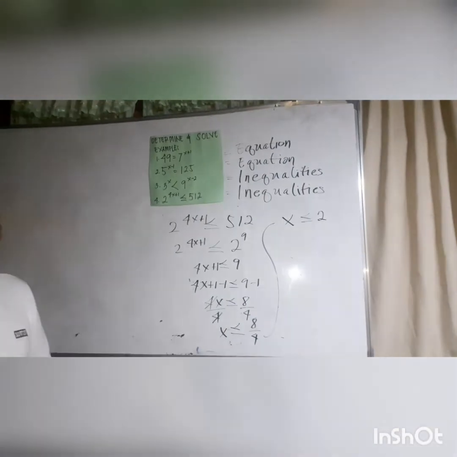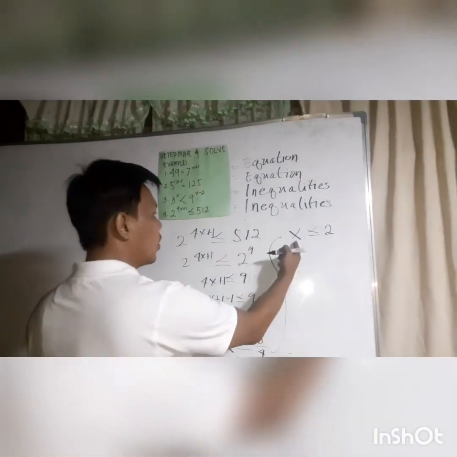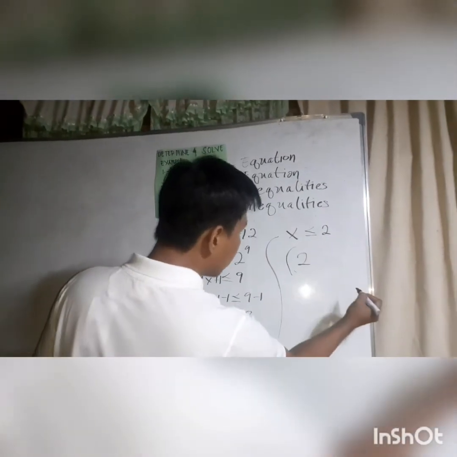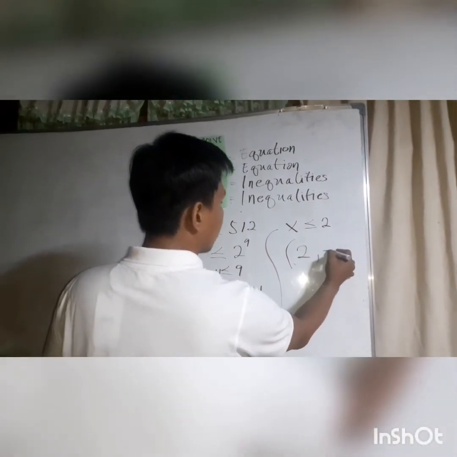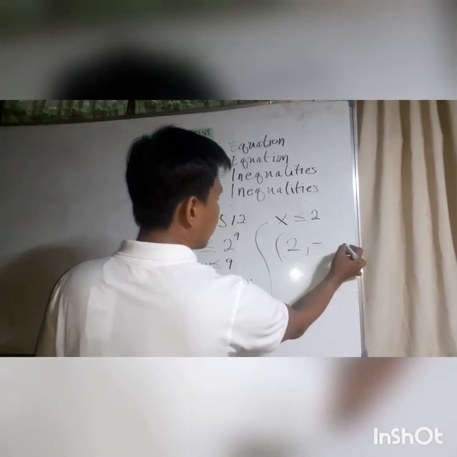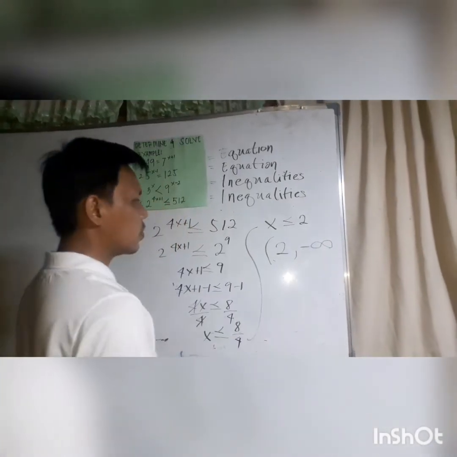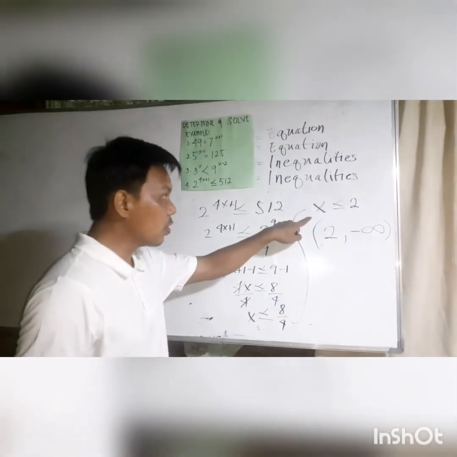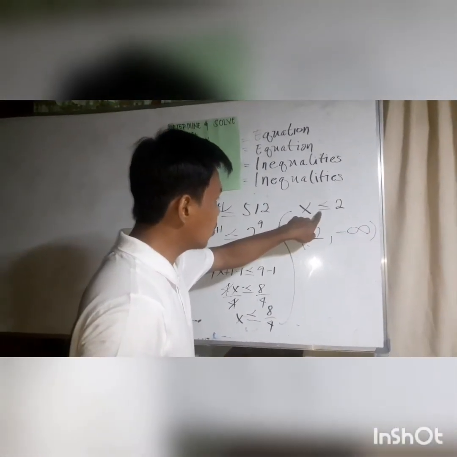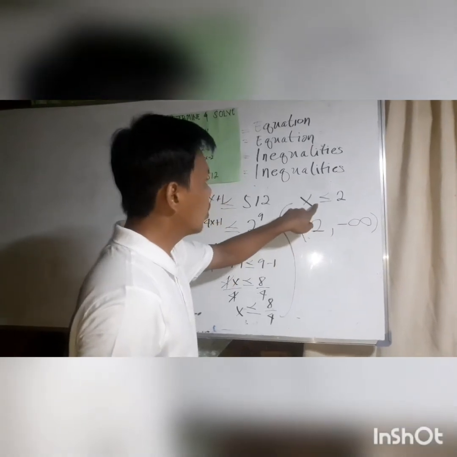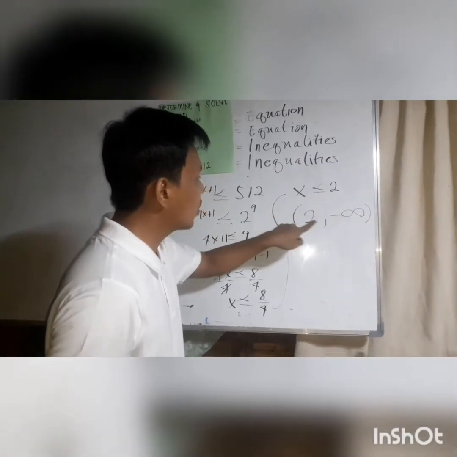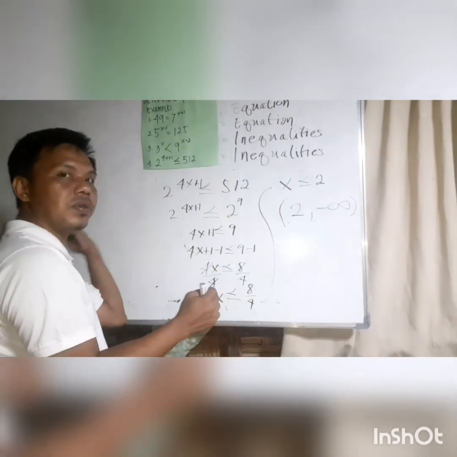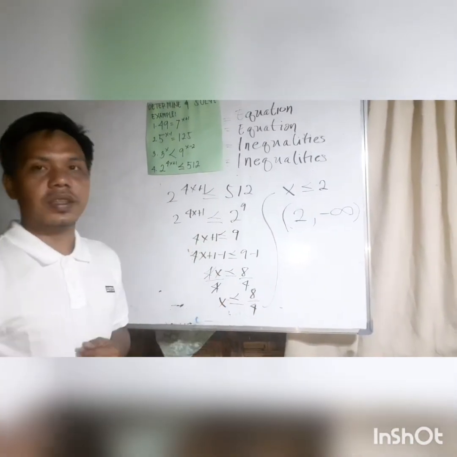So it means that x is less than or equal to 2. The x now is 2 or negative infinity, because x equal to 2 or less than 2 should be 1, 0, negative 1. That's why going to the negative infinity.